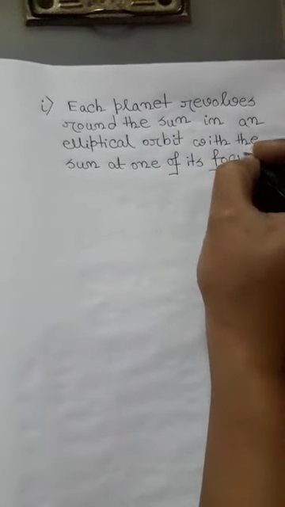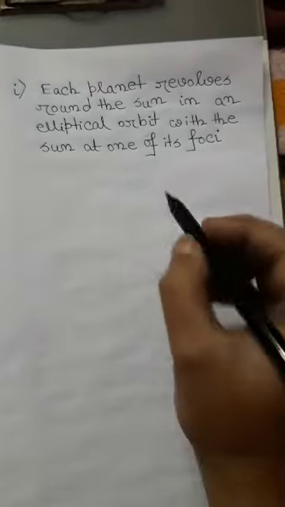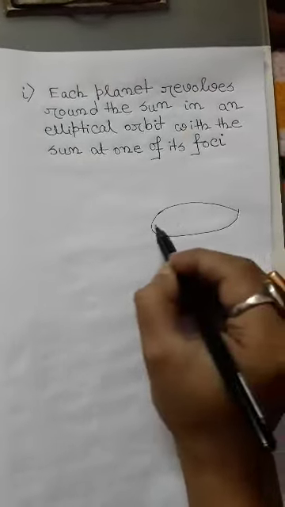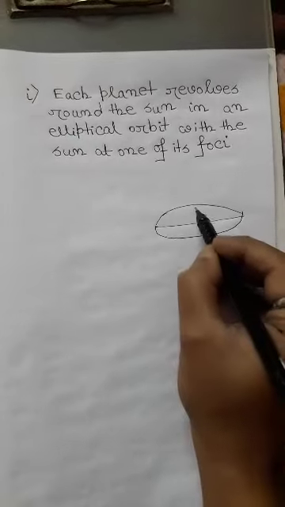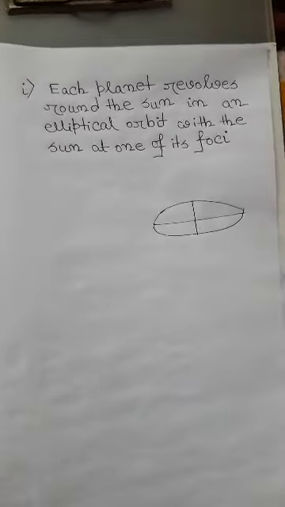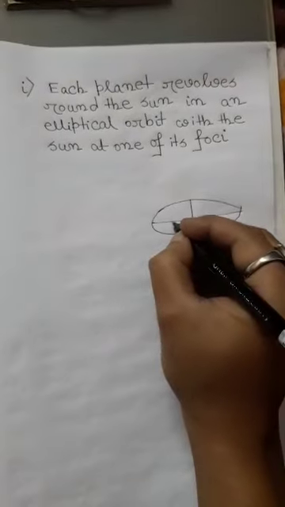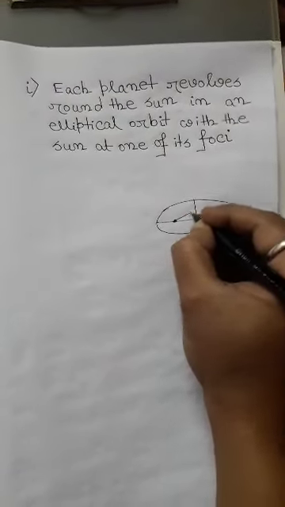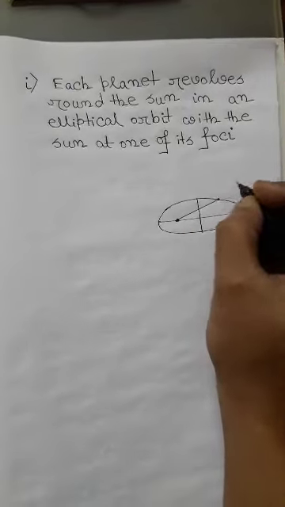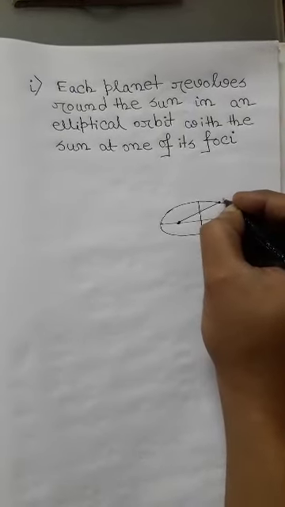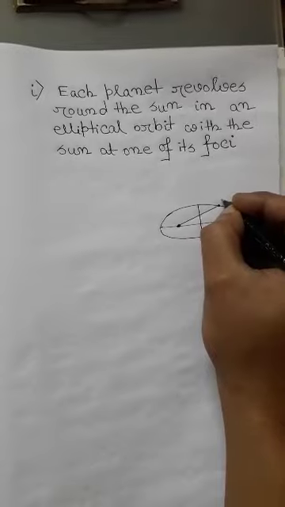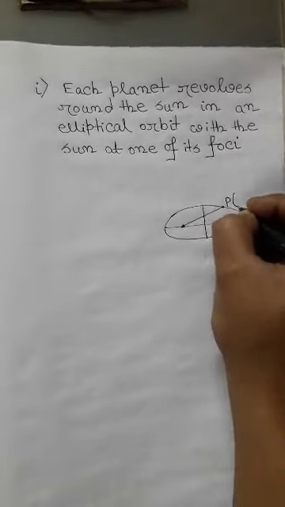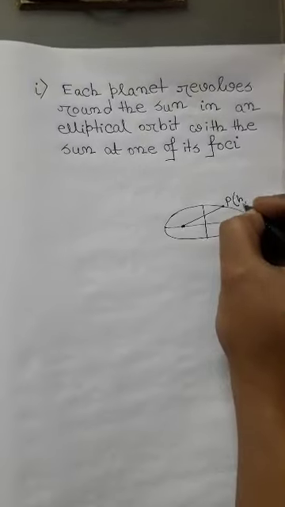That means if there is an elliptical orbit, say this is the major axis and this is the minor axis, then suppose the sun is at one of its foci, here. If the planet is located at this position, it is obviously at r, theta.